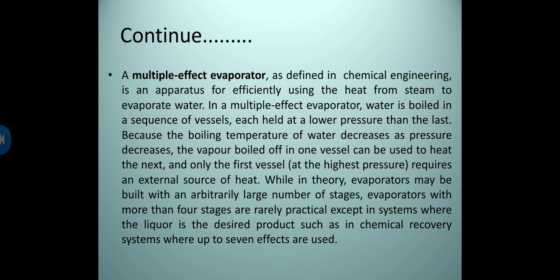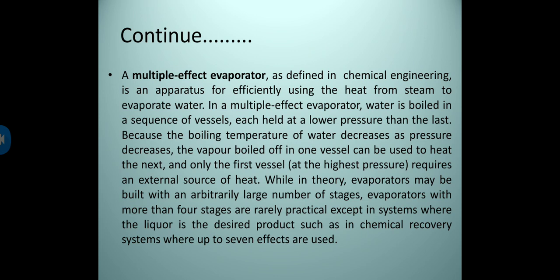A multiple effect evaporator is defined, in chemical engineering, as an apparatus for efficiently using the heat from steam to evaporate water. In a multiple effect evaporator, water is boiled in a sequence of vessels, each held at lower pressure than the last, because the boiling temperature of water decreases as pressure decreases.